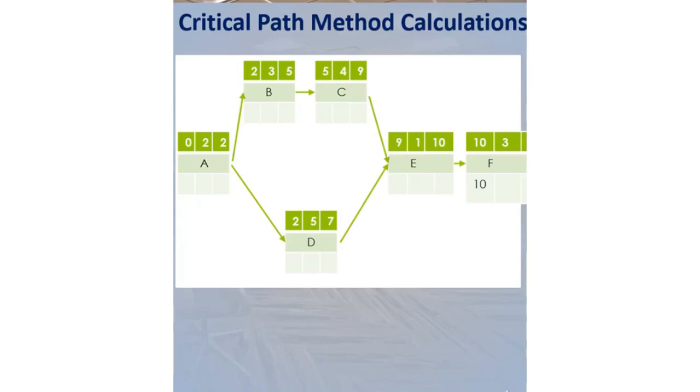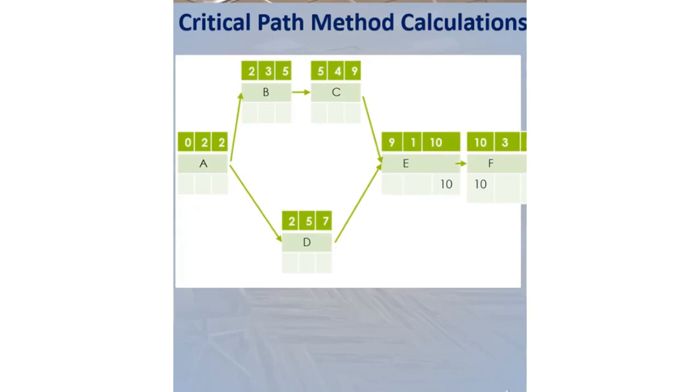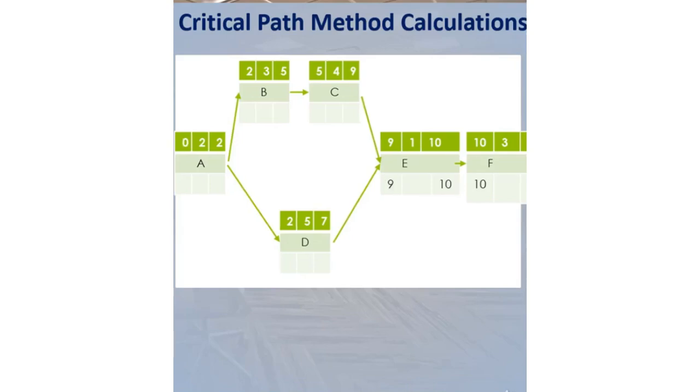This value is also equal to the LF value of E. The LF value of E is 10. If we subtract the duration of E from this value, we can calculate the LS value of E. The LS value of E is calculated to be 9.